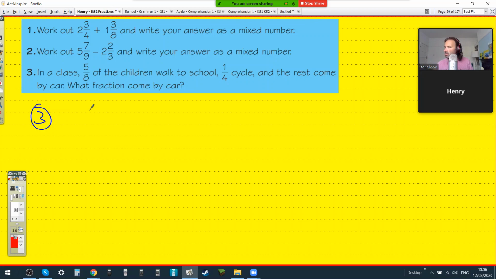So in the class there was 5/8 came by car, 1/4 walked, and 1/8 came by bus. So it's just subtracting.